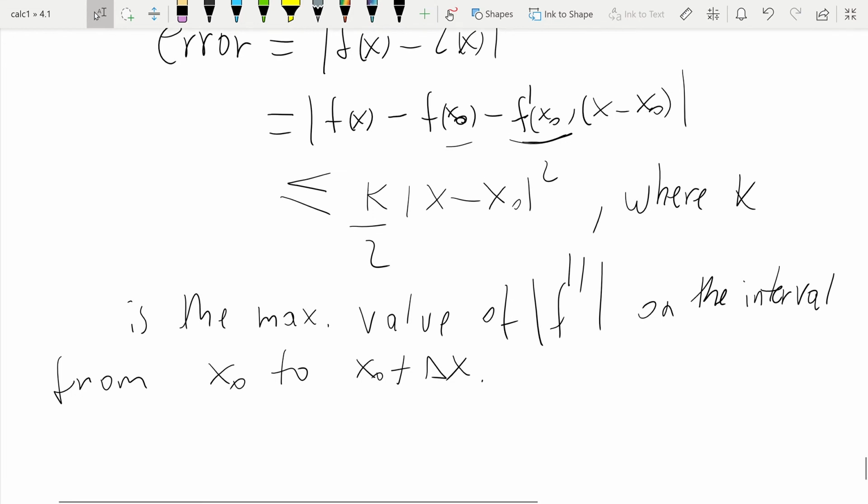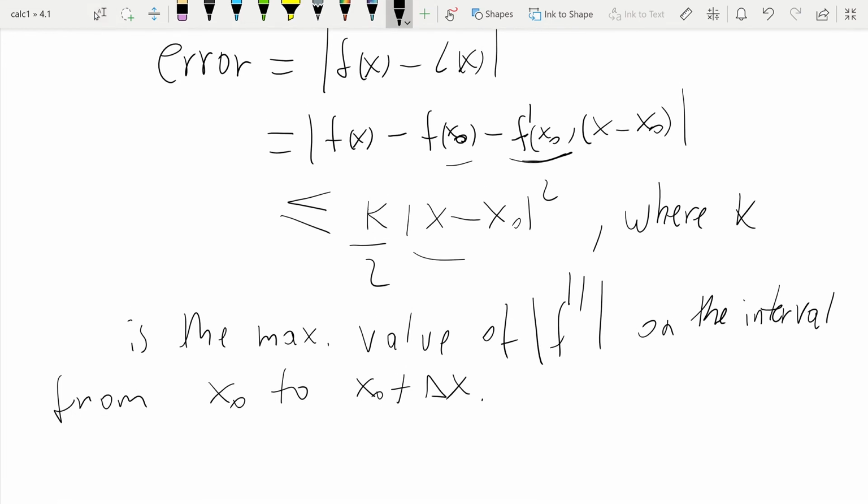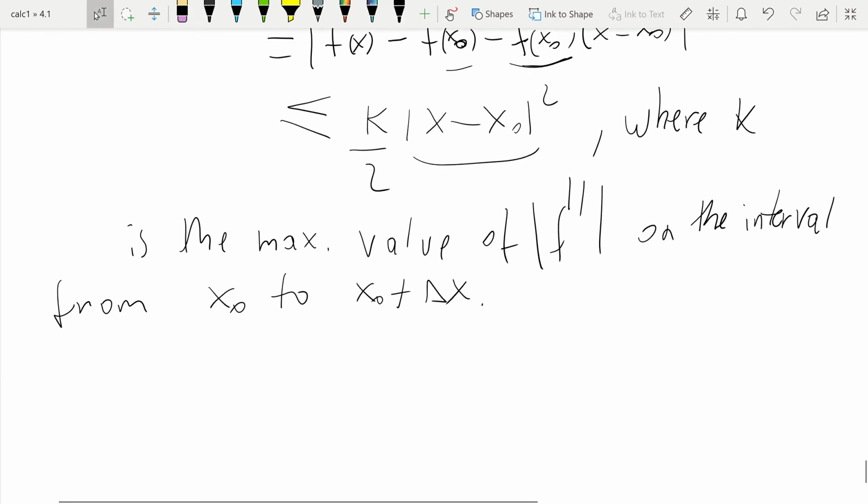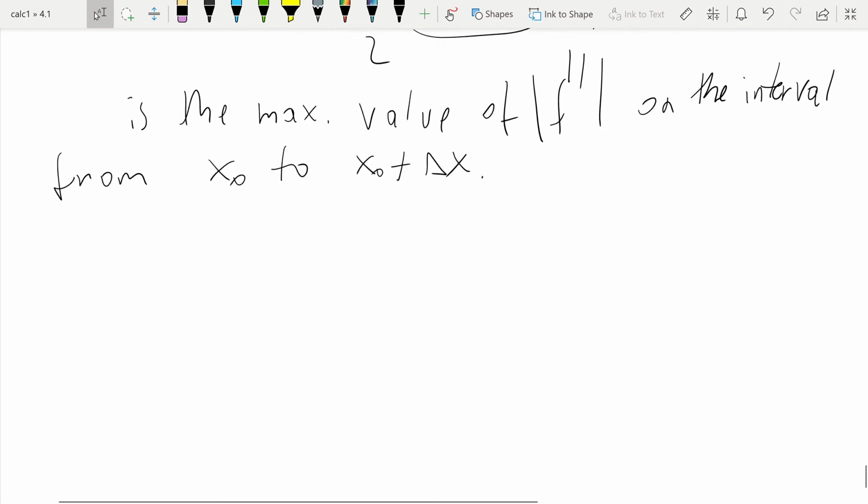And that depends on how far you are from the point, so x minus x naught squared, which is much smaller than x minus x naught when x minus x naught is small. And it depends on the maximum value that the second derivative takes in modulus in the interval between the point at which you're linearizing and x naught plus delta x, so the point you want to approximate.